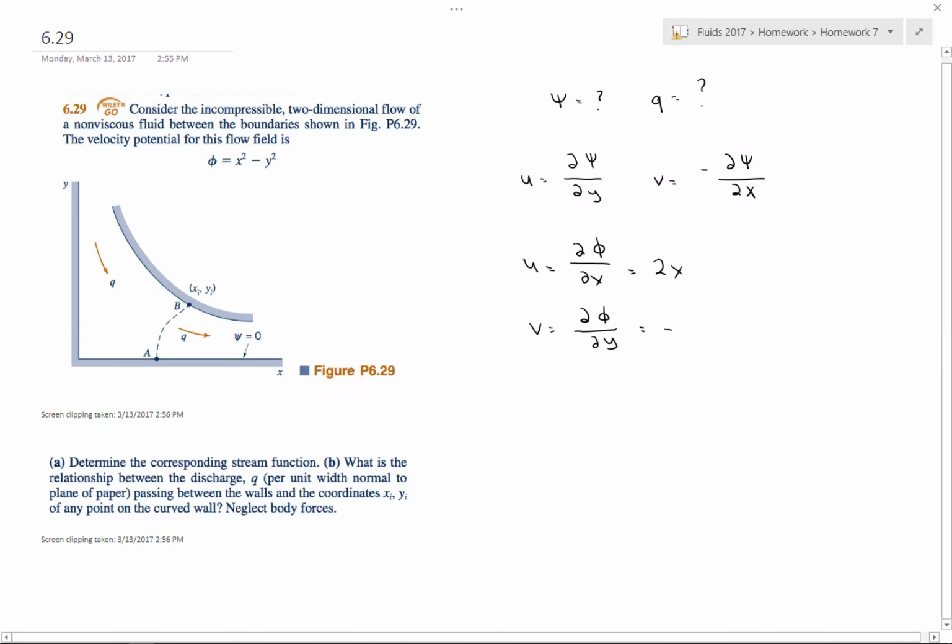All right, so now that we have U and V, now we can find the integral of this, and so this is going to be 2x what?